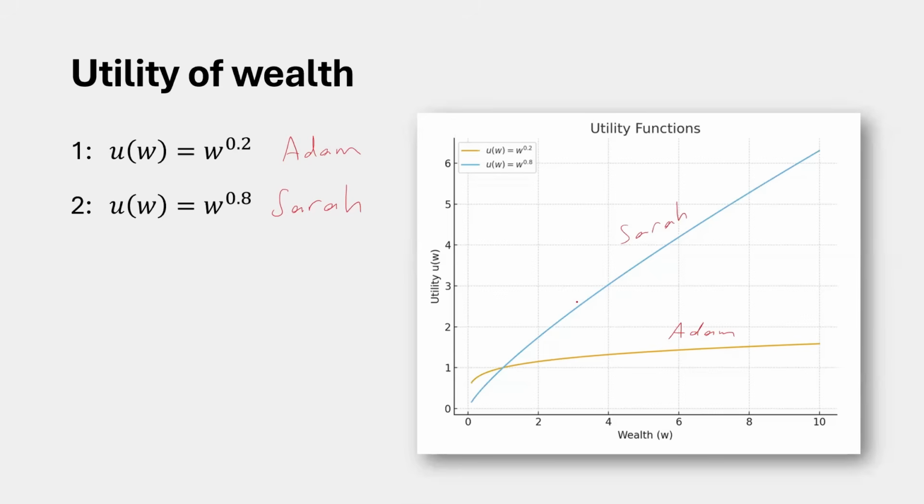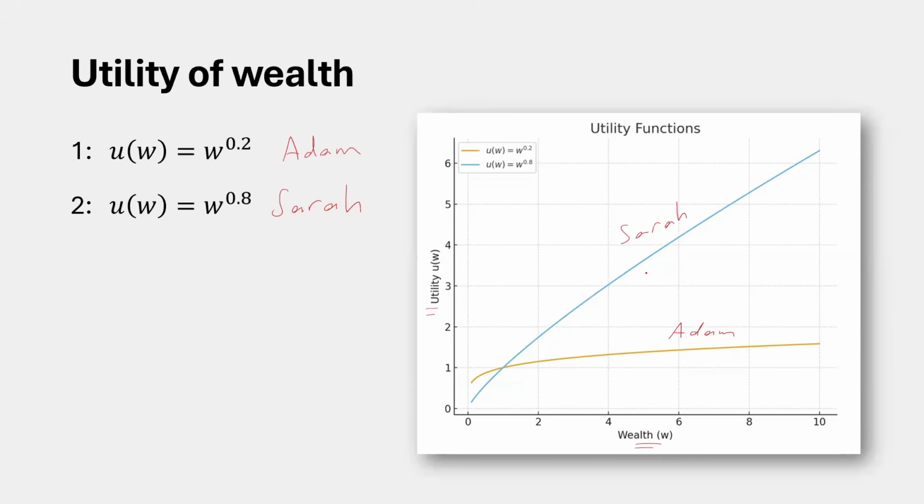And what this graph really tells us is that the wealthier we are, the higher our utility. So this sort of makes sense because, as we get richer, we can consume more, and that makes us happier. But that rate of getting higher utility is different for Sarah and Adam.